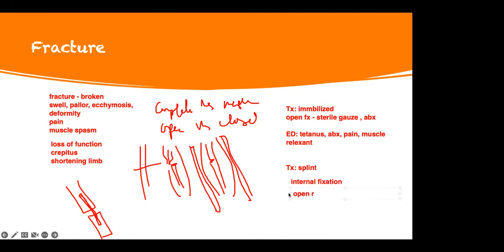Open reduction, and I'll combine them together. Open reduction means you're reducing the fracture, but what are you doing? You make an incision. You take the patient to surgery, you cut the skin, you get to the bone, you put the bone in alignment, and you fix it.